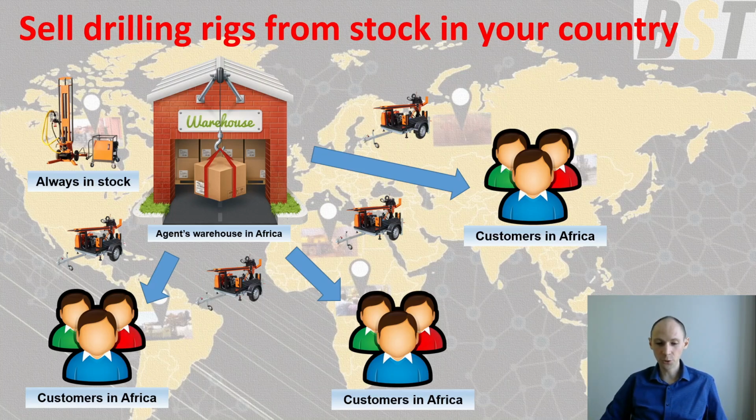So you will just need to interact with the local population and persuade them to buy these drilling rigs, which are already here. They are fully customs cleared, and any customer can buy a drilling rig using local currency.